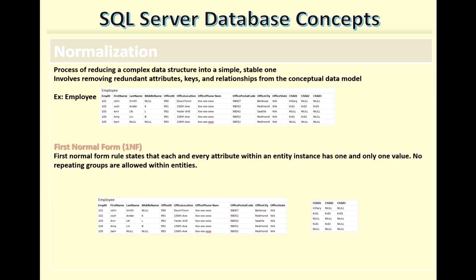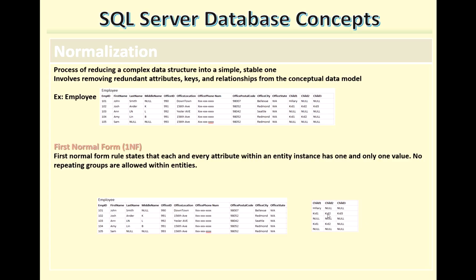Now these are 2 different tables. As I was saying, this particular structure does not suffice our needs. If an employee has 4 children, we cannot accommodate that, and if an employee doesn't have any children, we are wasting space by allocating cells there.